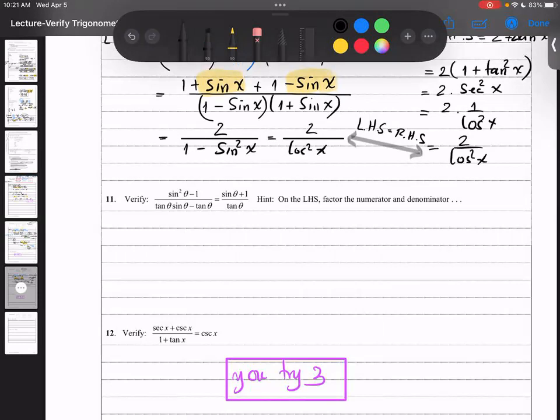I want you to try number 11. Try it yourself. See how far you can go. Apparently, we're going to pick the left-hand side. See how far you can go.